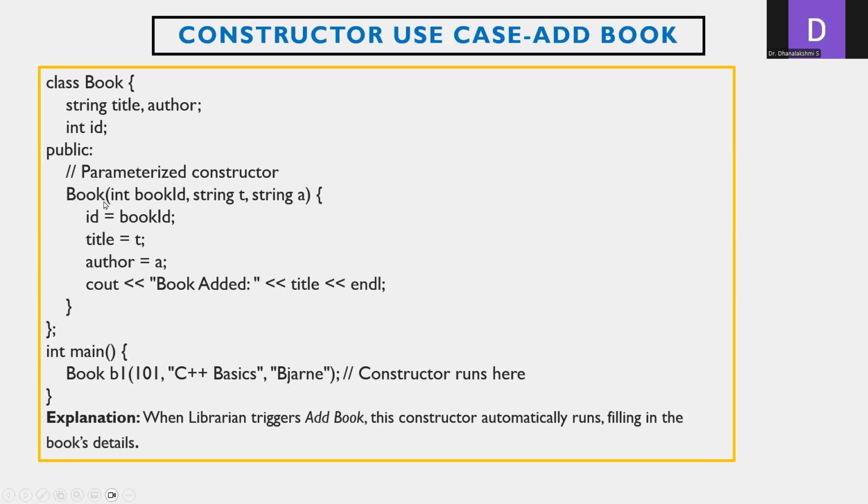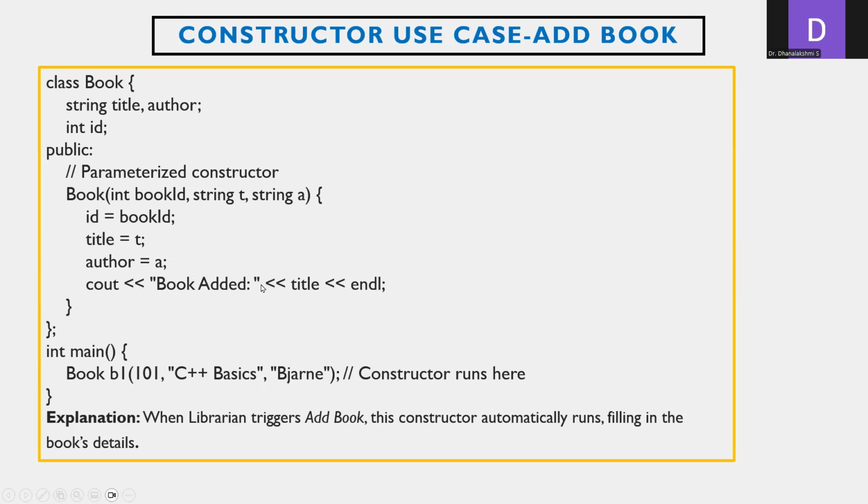So here I have the same name, book, and I have no return type, not even void. This particular constructor is a parameterized constructor because it accepts 3 arguments: book ID, title T, and author A. That's what A means, author, T title, and book ID.